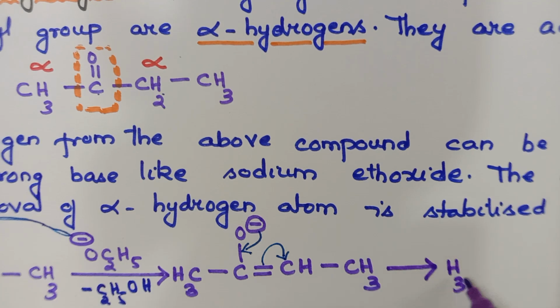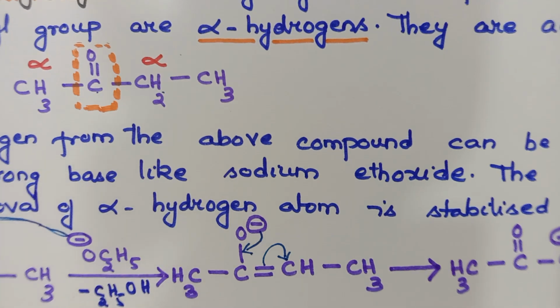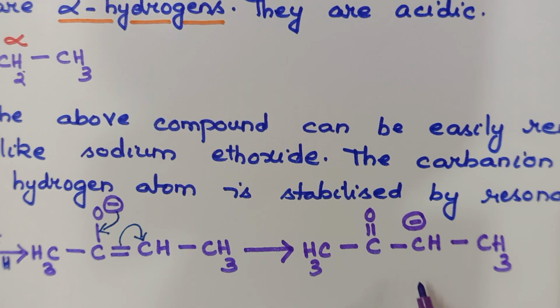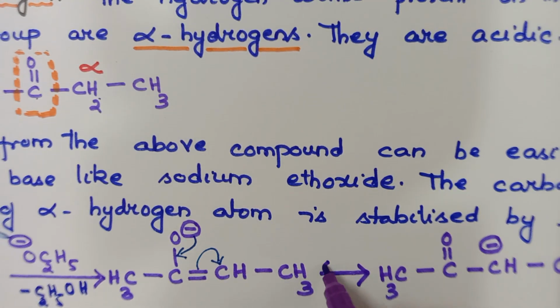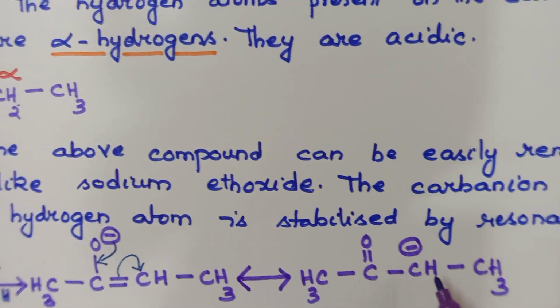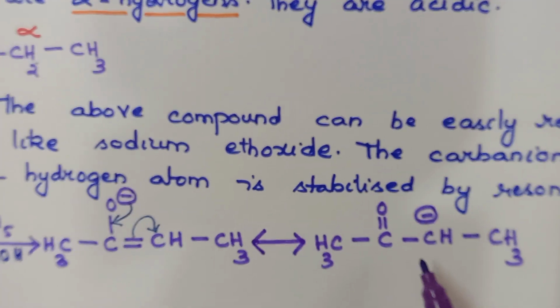CH3, C double bond O, CH, now here comes minus, CH3. So this is the carbanion, students. Now this is stabilized by resonance, so you write down the arrow like this. Sometimes it will be like this, or sometimes it will be changing like this. Fine. So this is the carbanion, students.